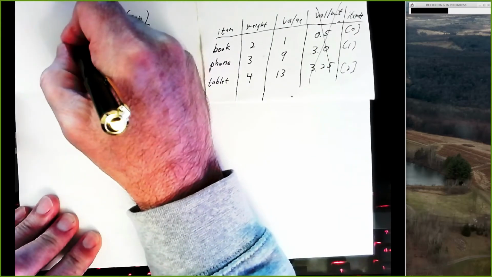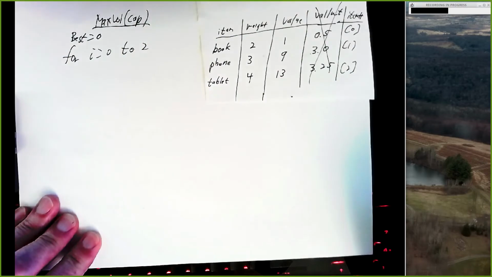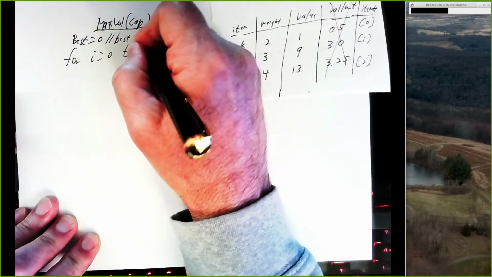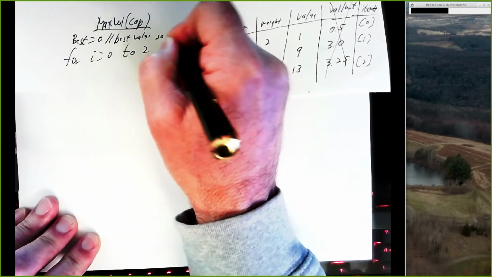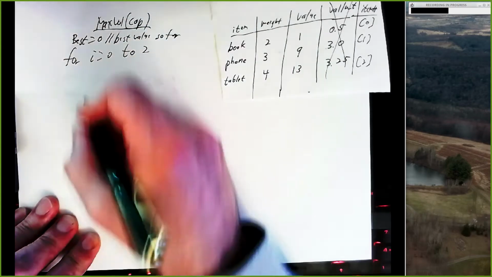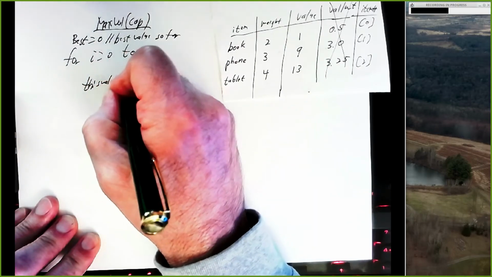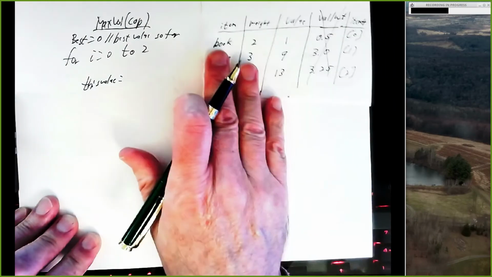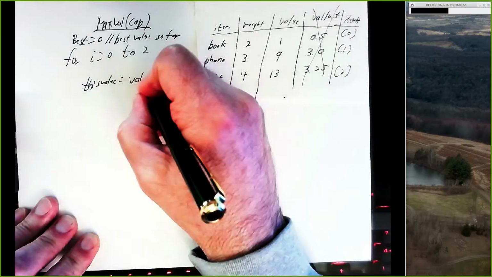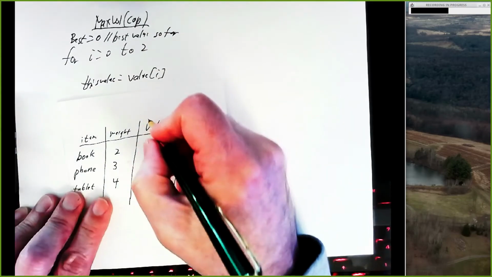And, I'll start off with something like best value equals 0. So, this is best value so far. And so this value, if we start with item 0 in our bag, what's the value we get from that? Well, it's the value of item I. So I'm assuming these are arrays.